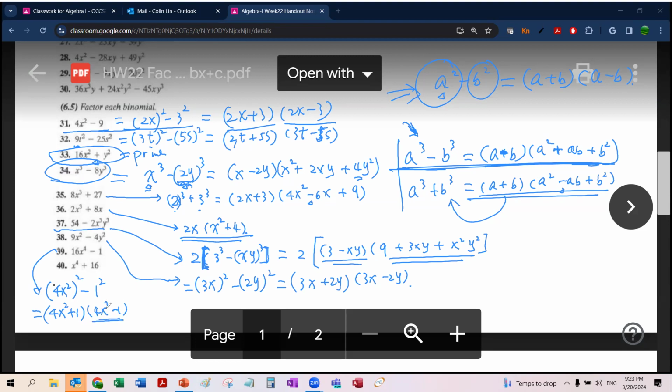Factor out 2x squared minus 1 squared. So the first one we cannot, the first one is prime. The second one became 2x plus 1, 2x minus 1. Right? Okay, like this. All right, so number 40, here is prime, here is non-negative, so it cannot be factored.